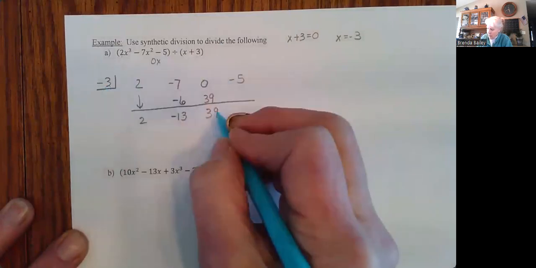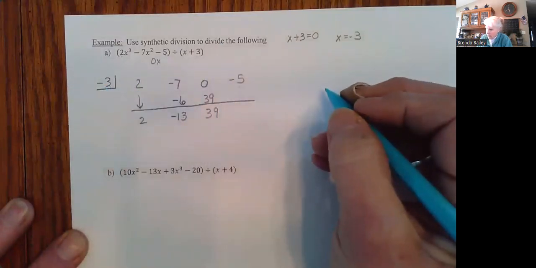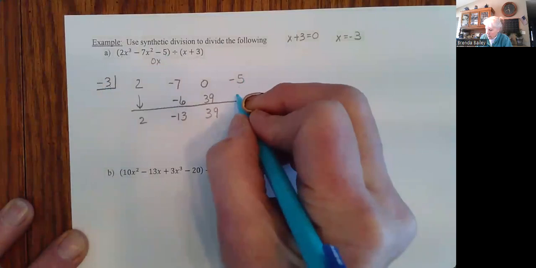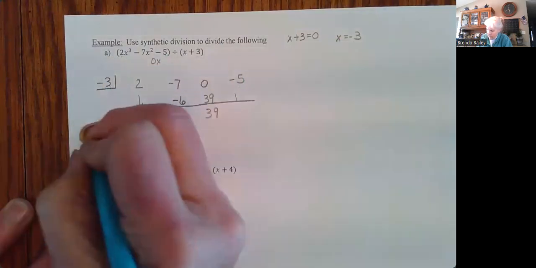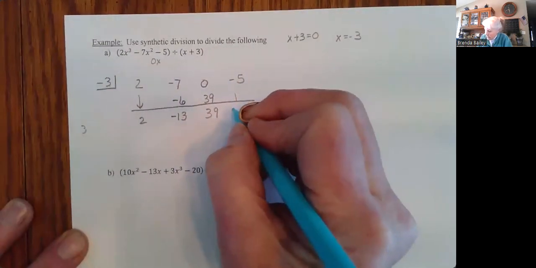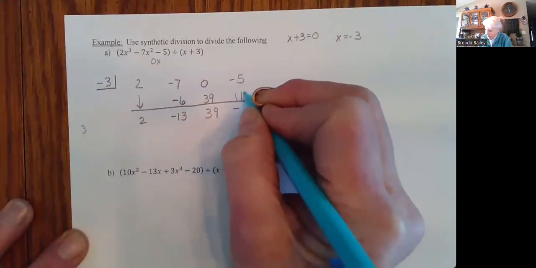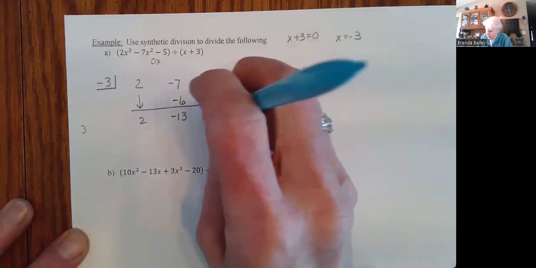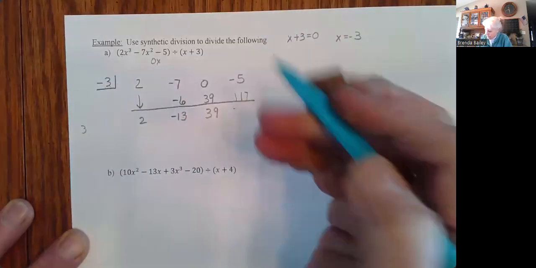Then you multiply, let's see, 9, 117. Let me check that. 39 plus 3, yeah, 117. Negative 117. Let's put it in the wrong spot.